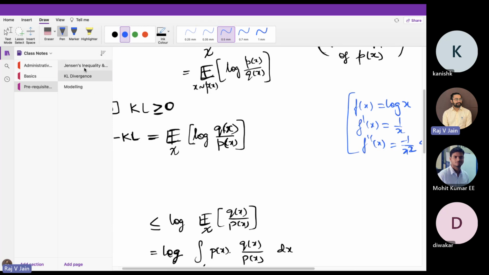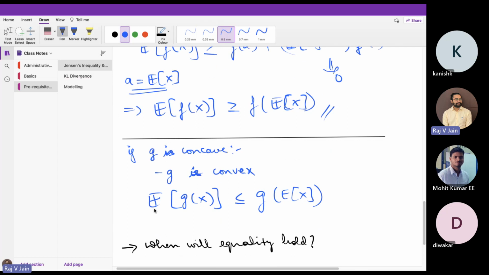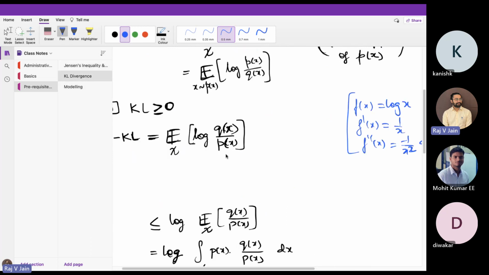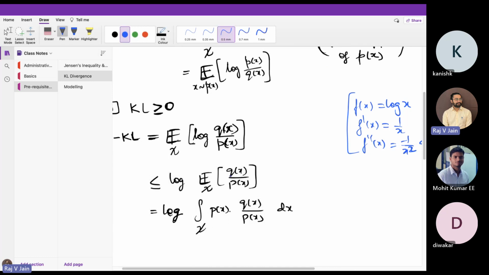Now for a concave function, we already discussed what Jensen's inequality looks like. The expectation of the function will be less than or equal to the function of the expectation. So this expectation is less than or equal to the log applied over the expectation of this function, that is Q of x by P of x.